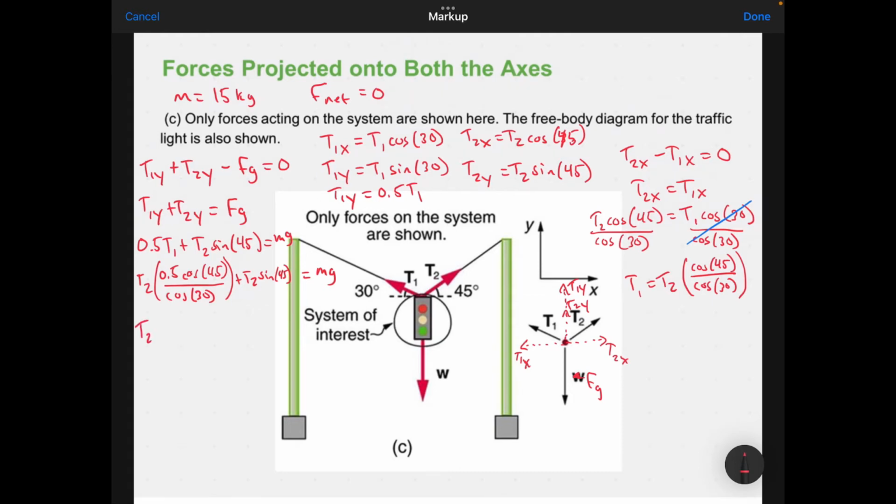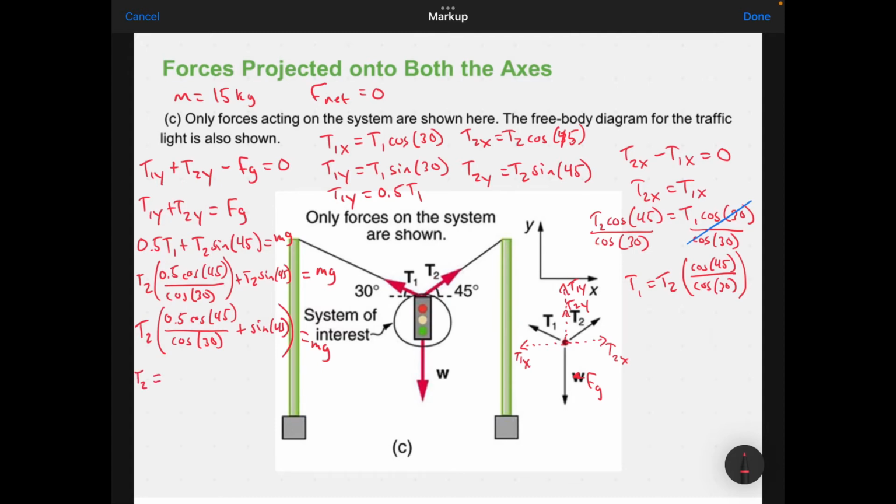So T2 times 0.5 cosine of 45 over cosine of 30 plus sine of 45 equal to mg. And now we can divide that to both sides to get T2 by itself.